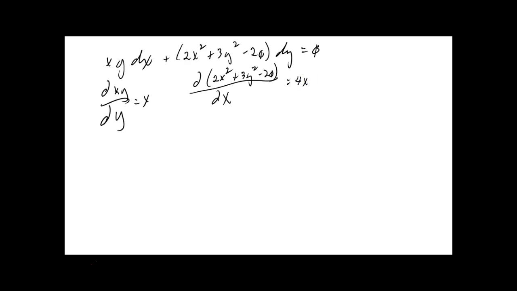This is 2x squared. Partial of 2x squared is 4x, right? And then the others don't have an x in it. No, they're not equal. They're close, but not equal. Okay? So here's our partial of m with respect to y, partial of n with respect to x.